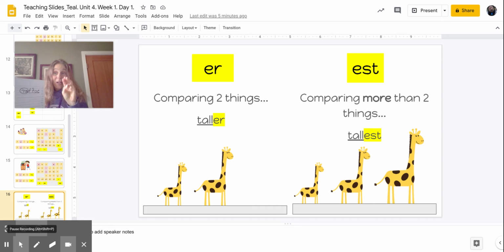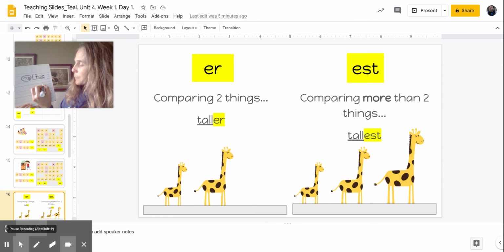So now I'm comparing more than two things. So I'm going to add -est at the end. Let's tap out our base word soft again. Soft. And now I'm going to write softest.